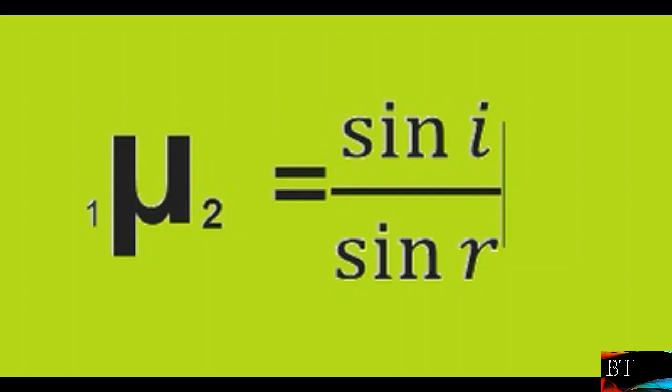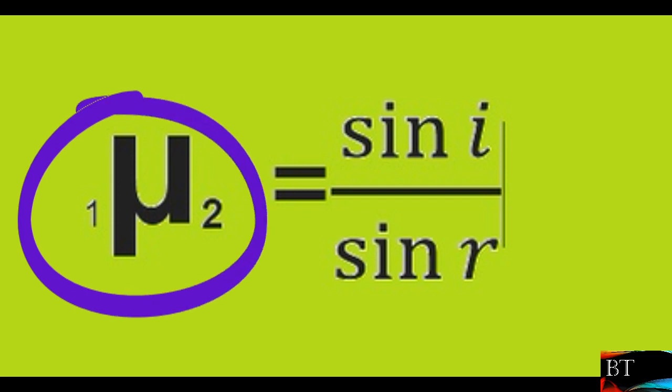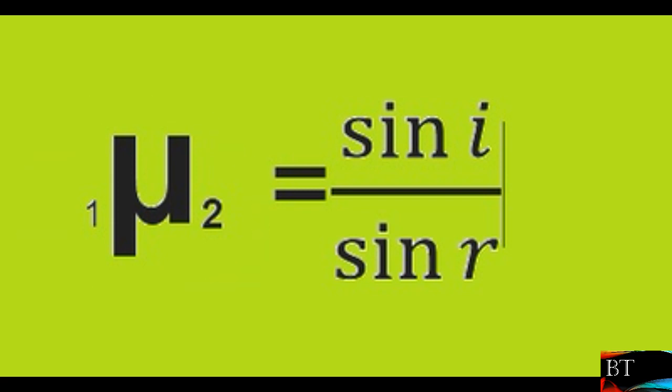The refractive index is denoted by the symbol mu. So, refractive index of the second medium with respect to first medium is denoted like this. This refractive index has no unit as it is the ratio of two similar quantities.